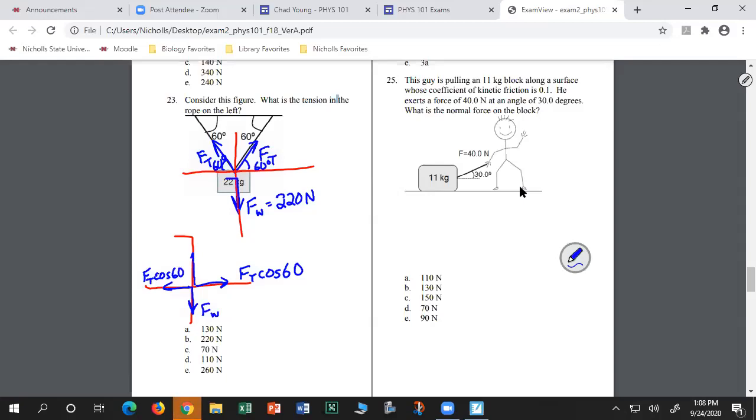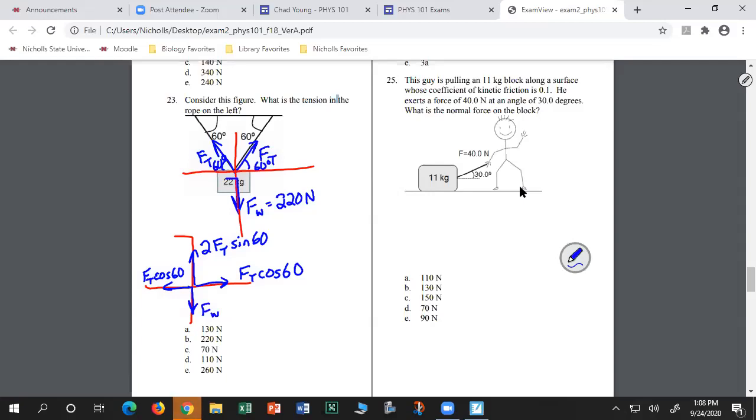And if you remember in class, I'm going to call this 2 Ft sine 60. The 2 comes about because I have 2 vectors that have the same magnitude, the vector from the left and the vector on the right. So I'm just going to call that 2 Ft sine 60.